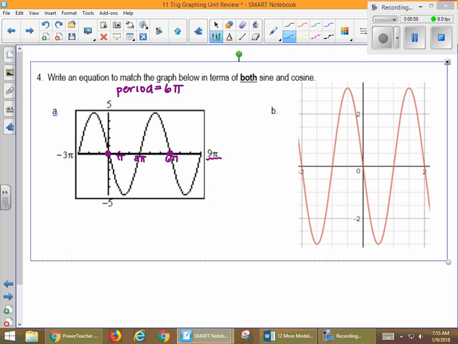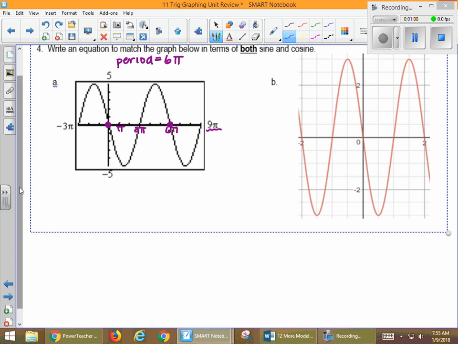And this function, since it starts at 0, 0, the easier equation is going to be sine. So I'm going to go ahead and start my sine equation. The equation that I can do without a phase shift is sine. My midline is on the x-axis, so I don't have a vertical shift.